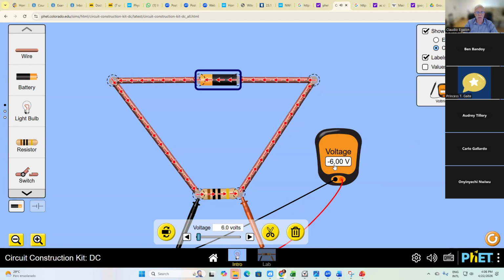Change the direction: voltage is negative. Okay. And we repeat for 2.8. Start with 2.8, and then we increase back to 10, minus 10.